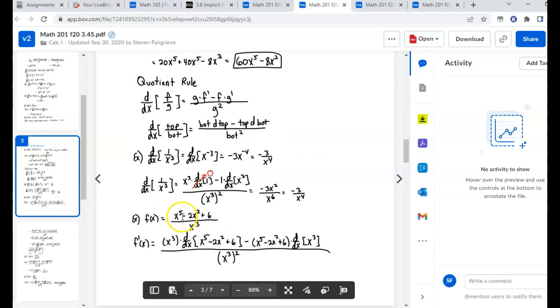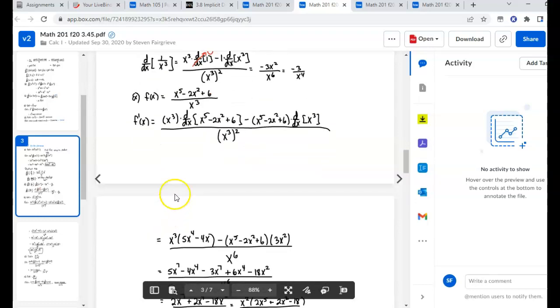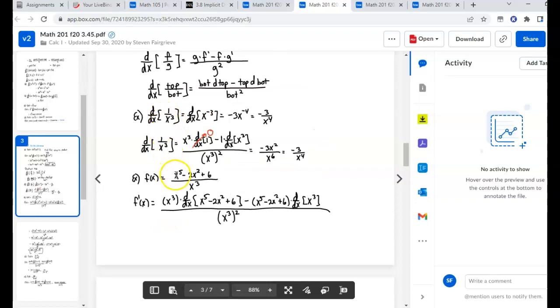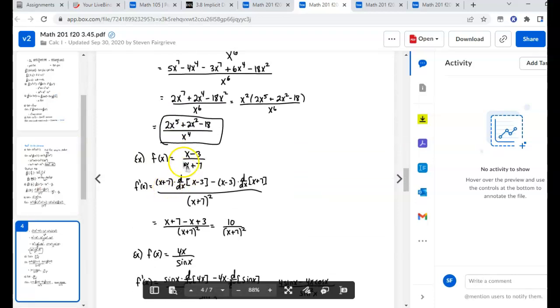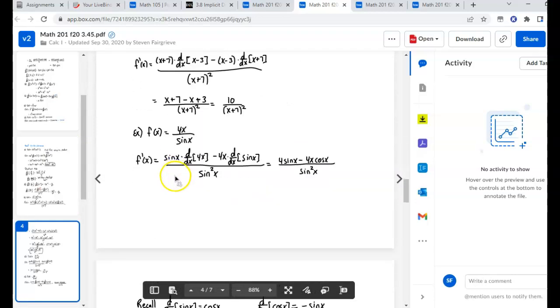And then we got into some examples with the quotient rule. Some of the first few examples we could do without the quotient rule by some algebraic rewriting. And then we got into ones where we did have to use the quotient rule. So you can expect a variety of questions where you have some product rules and quotient rules, like out of 3.4. 3.5, of course, involving the trig functions.